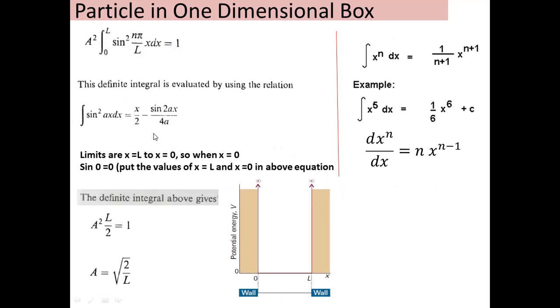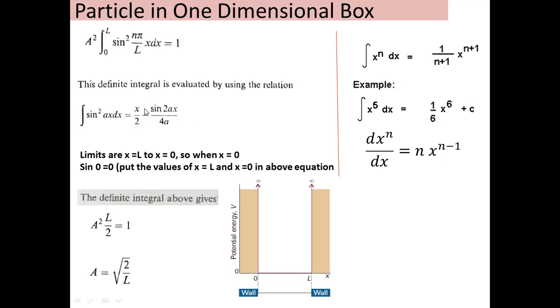When you are using a mathematical formula, you have to remember it. Similarly, we use formulas for integration or differentiation. So the basic formula you must know, the same as we use for other mathematical formulas.